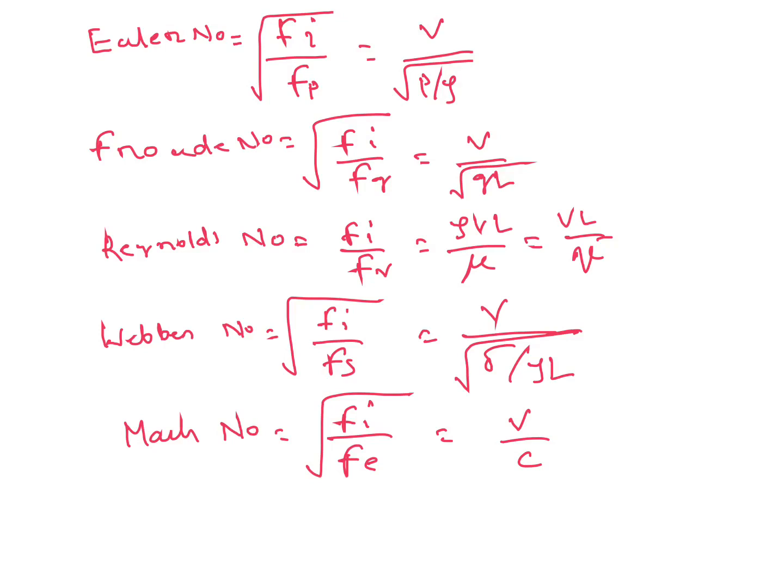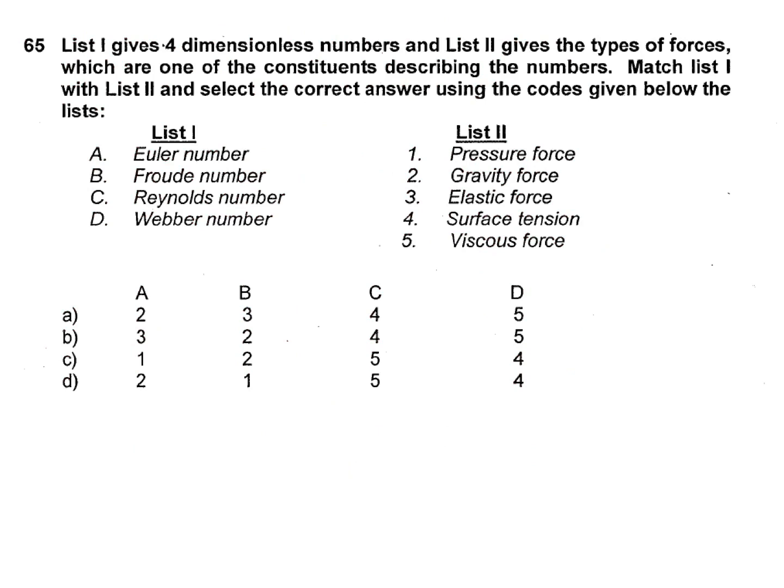So Euler number is pressure force, Froude number gravity force, Reynolds number is viscous force, Weber number surface tension force. So A-1, B-2, C-5, D-4. C is our answer.